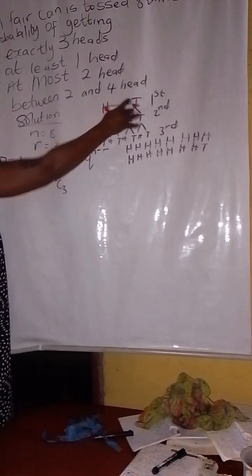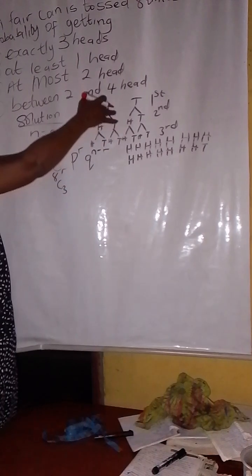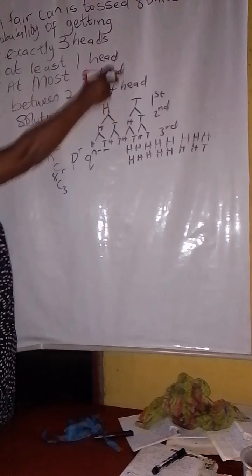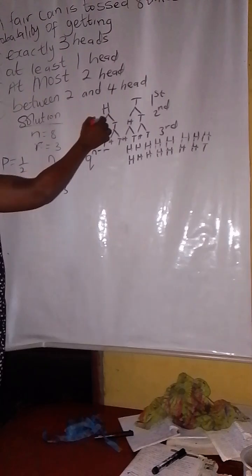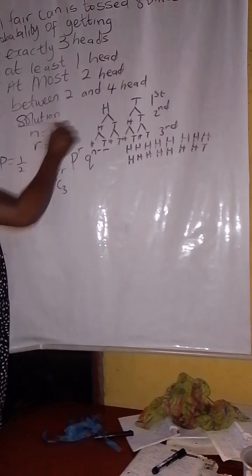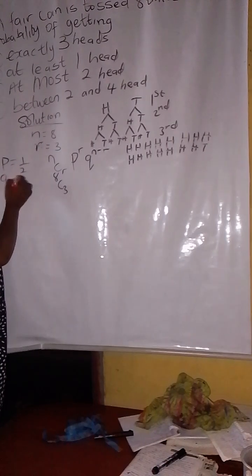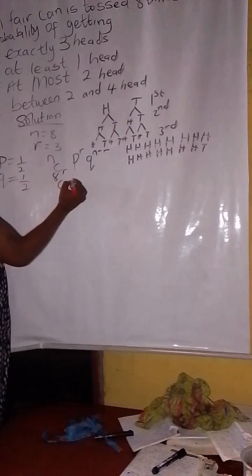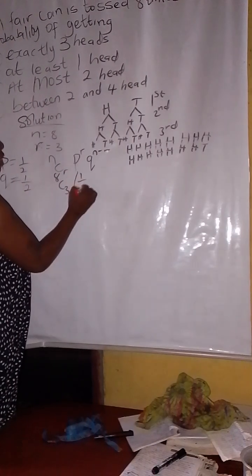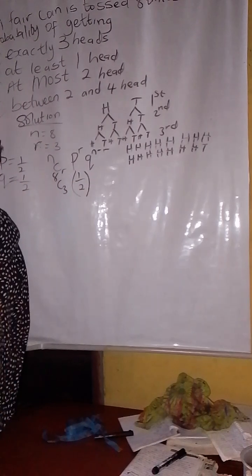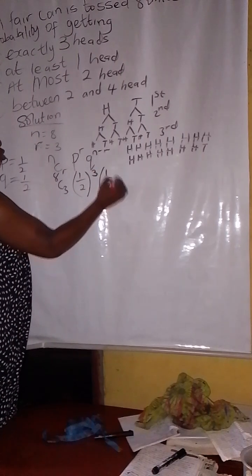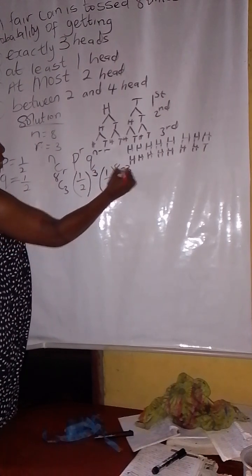The probability of a tail, which we use for q, is also 1 over 2. So we apply 1 over 2 to the power r. What is our r? 3. Then 1 over 2 to the power 8 minus 3.